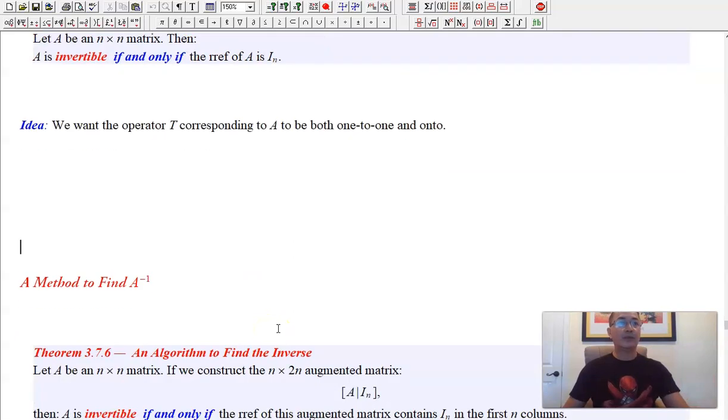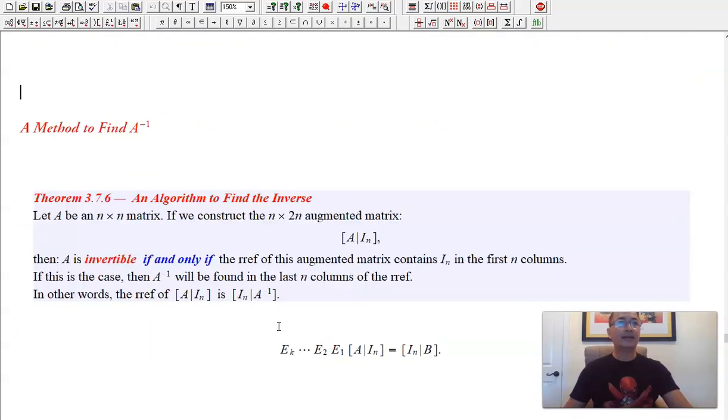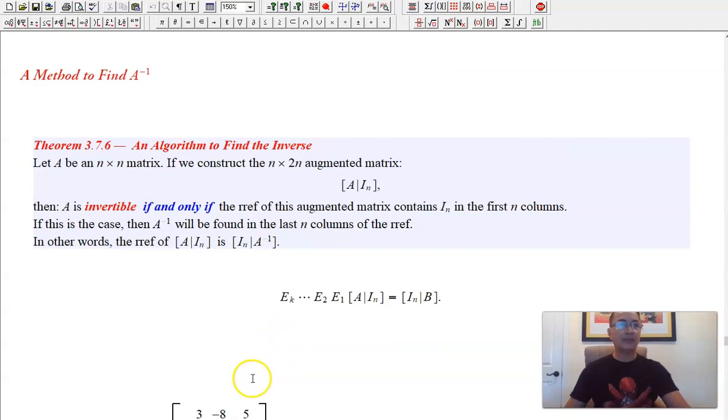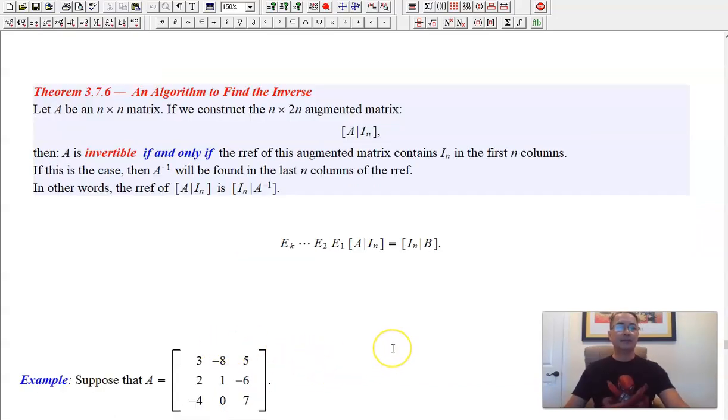All right, so we are going to combine that in the algorithm that we will need to actually compute the inverse of A. So here's the algorithm. And if you took college algebra, you might have seen it already. Now we find out, why does it work?